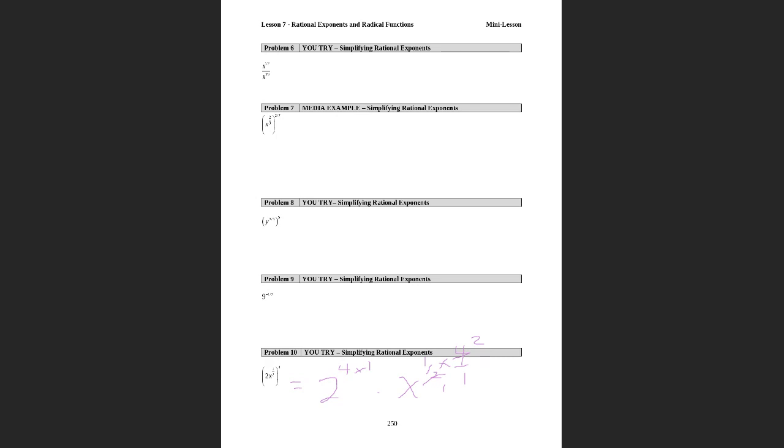So we have 2 to the power 4 times x to the power 1 times 2 is 2. What is 2 to the power 4? It's 16, and then we have x squared. I'm going to do this one more time so that you get it.